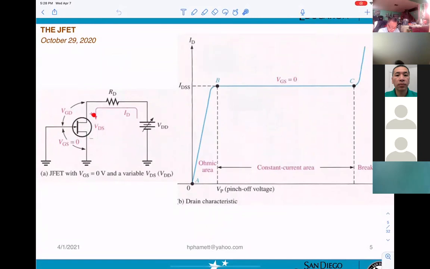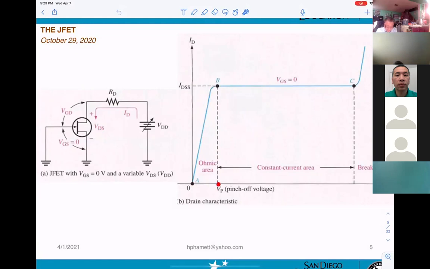The voltage across that part we call VDS. Now the JFET will be working like the display here. The first thing, this area here, they call the ohmic region. Okay, ohmic area. That means it can work like a resistance.